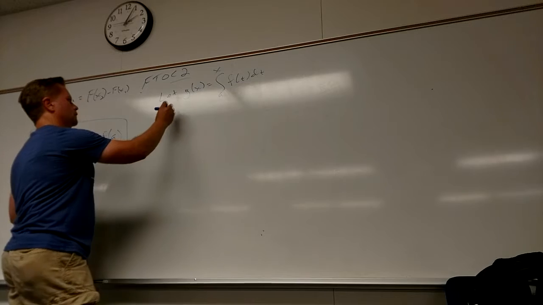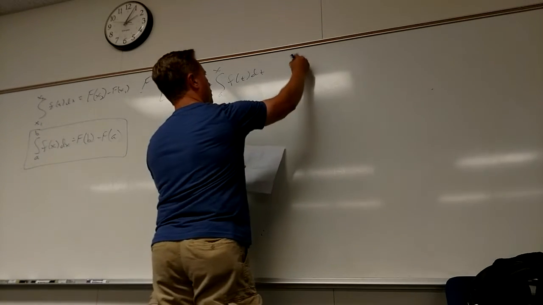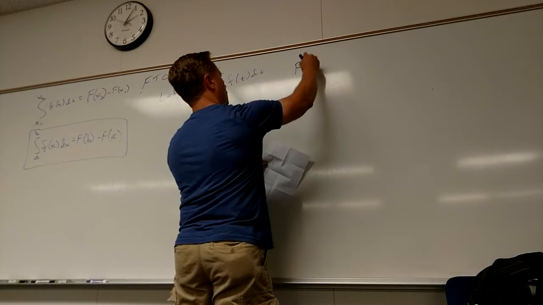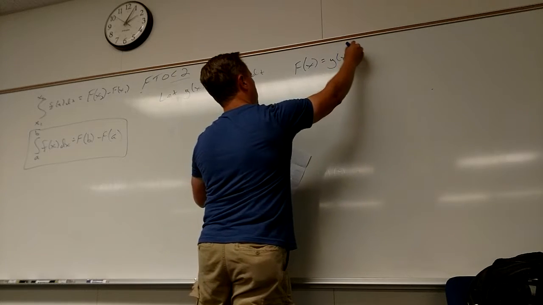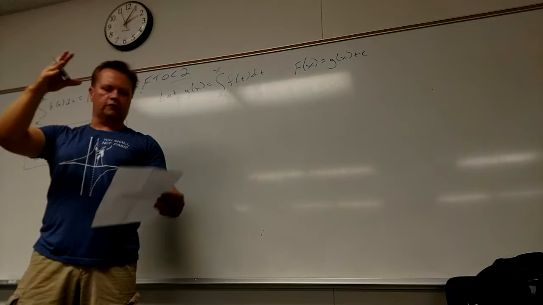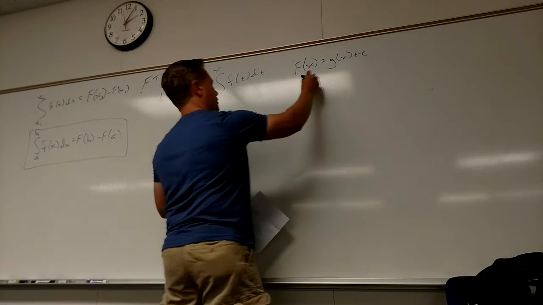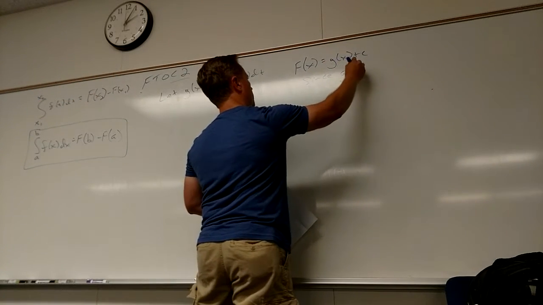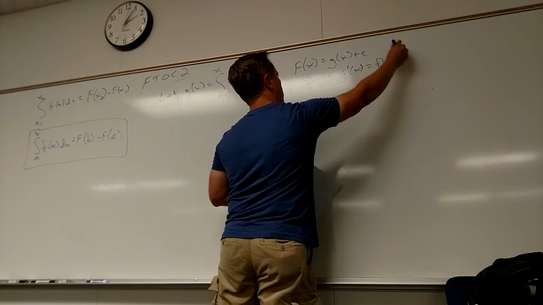And then over here we know that f of x is g of x plus c. That's an idea we had earlier. Same idea from before. Let me write down here, since g prime is f of x.